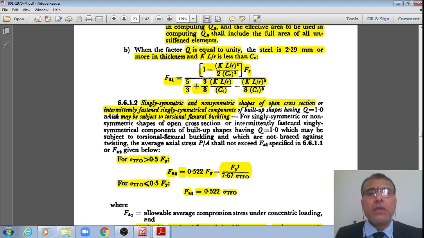That is how the load factor Q can be obtained. We will see using a numeric problem, students.